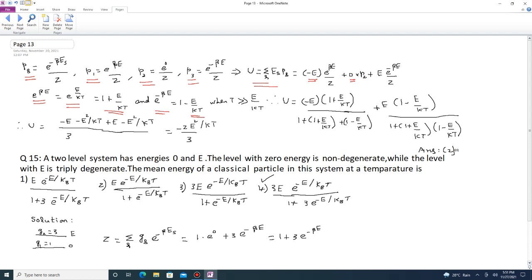Therefore, for the average energy you substitute for the exponential values in that expression, and U becomes like this.